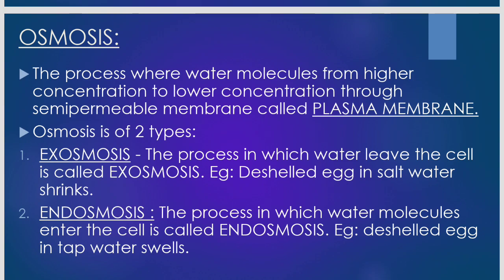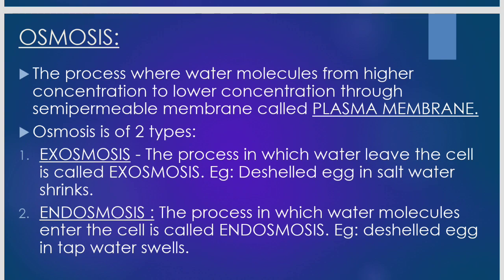We can take one very good example of roots. The water is more available in the soil and it is absorbed by the roots with the help of root hairs by osmosis. The water is entering into the walls of the cell, that is, through the plasma membrane.